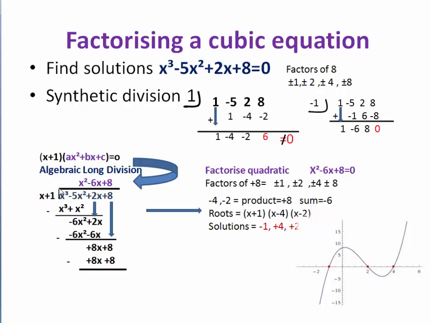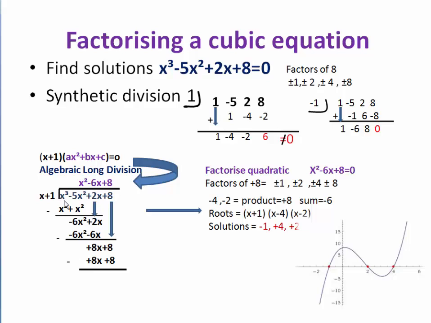So here we've set up our long division. This is our equation that we're given, and we're going to divide by the root that we've just found, which is x plus 1. So x plus 1, and then our division sign, and then our given equation.